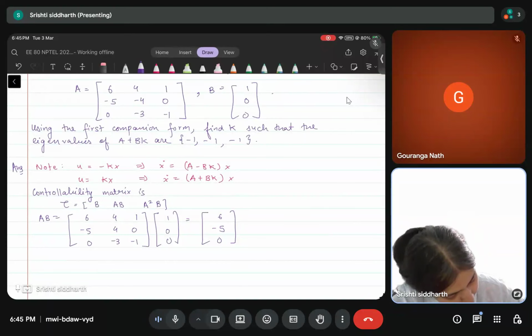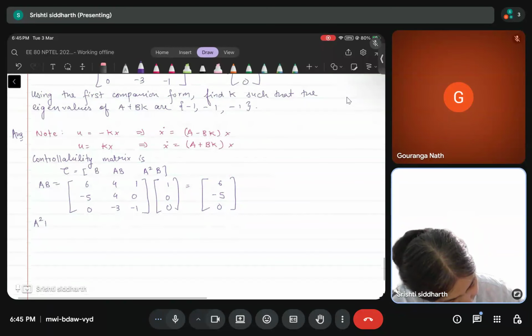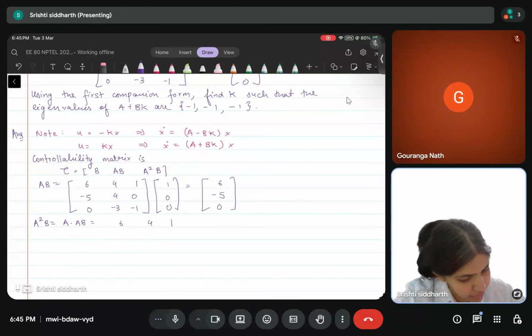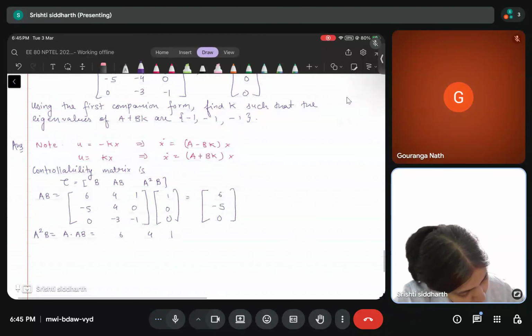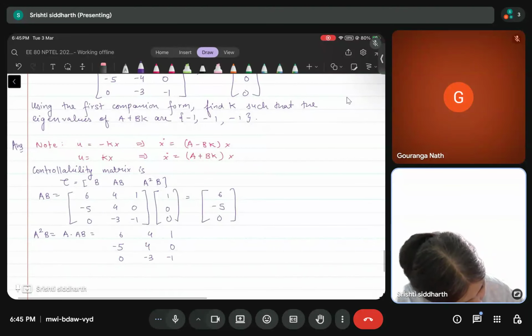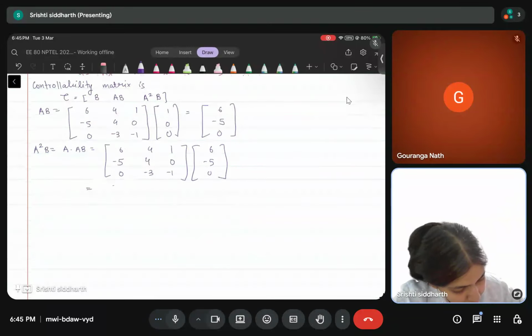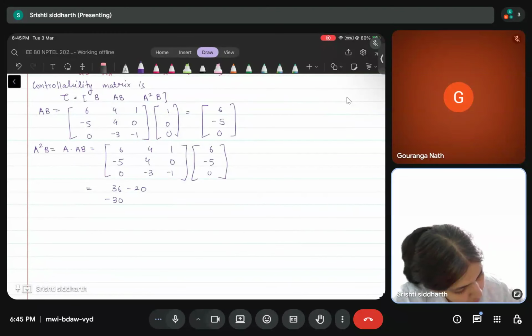And then A squared B is going to be 36, minus 20, 5, 0.